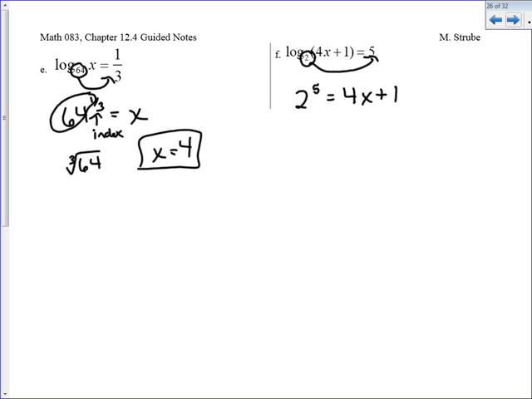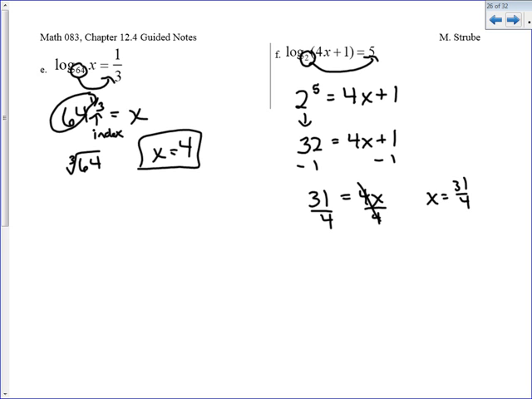We want to replace 2 to the 5th. So 2 times 2 times 2 times 2 times 2. 2 to the 5th power. We're going to start by replacing that as 32. And then from there we can solve. So I'm going to subtract 1 from both sides. So I have 31 equals 4x, and divide by 4. So x equals 31 over 4.